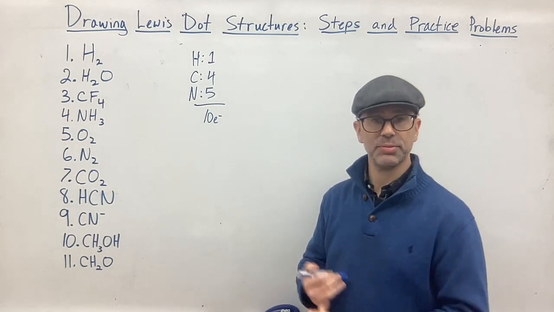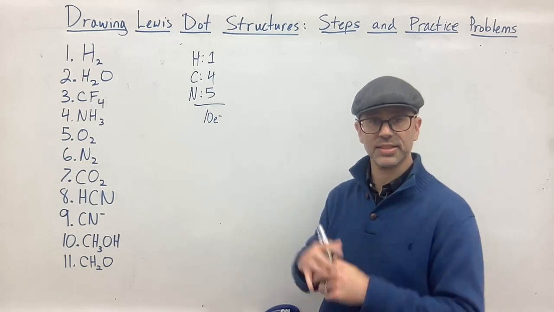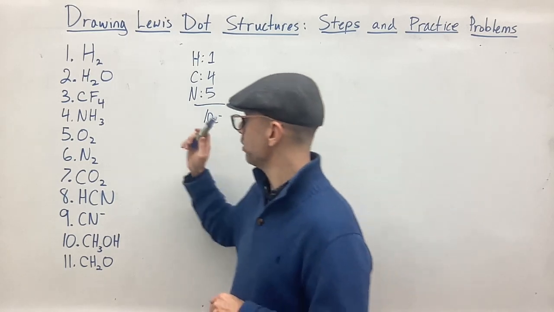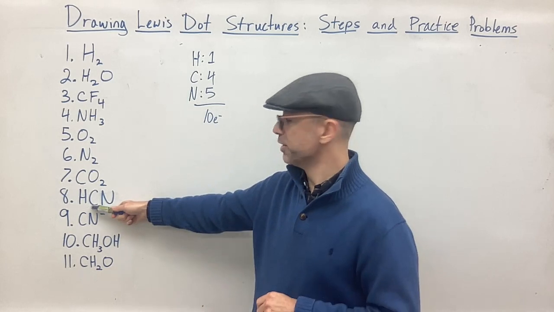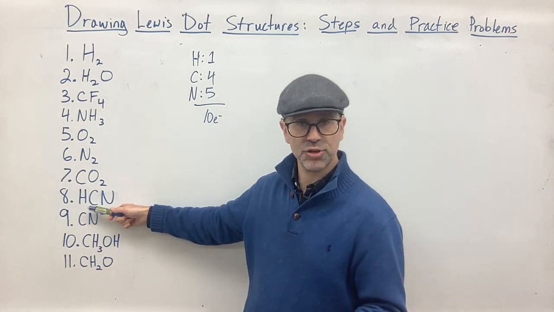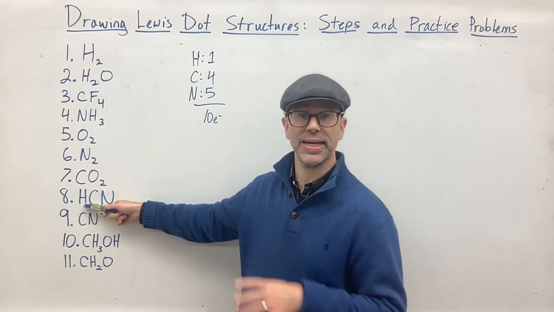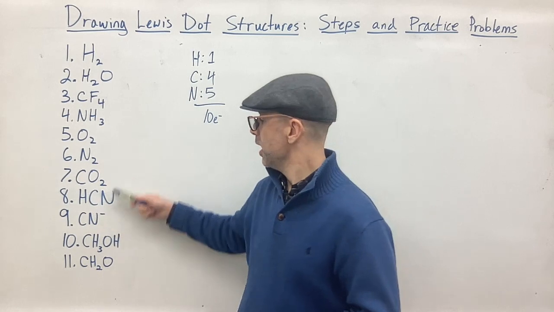Step 1 is done. Step 2, put it together as a skeletal structure. So remember, here hydrogen is written first. Normally the first atom is the lesser electronegative one. It's the central atom, but hydrogen, as we know, only bonds once, so it cannot be a central atom.